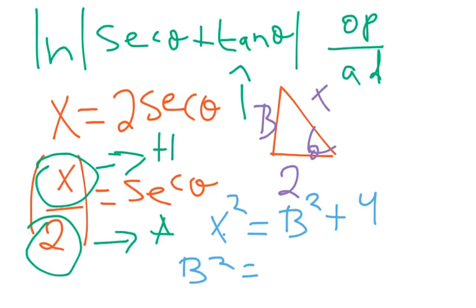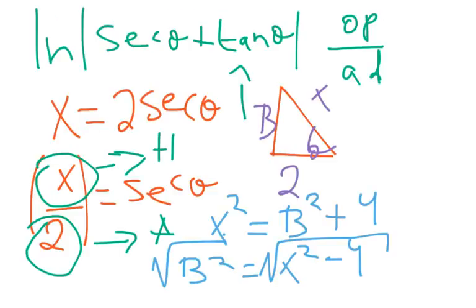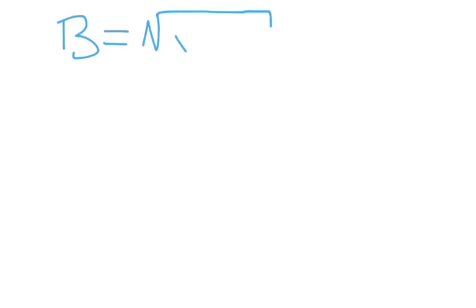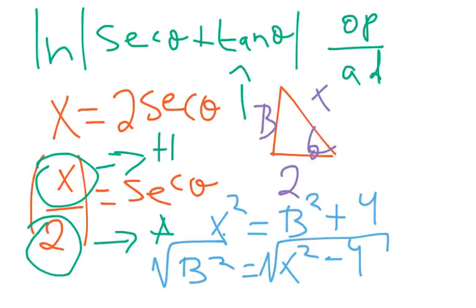So we just do this, and then we are not looking for b squared, so we take the square root of both sides, so that we don't affect anything. Okay, so we rewrite it, and it's the square root of x squared minus 4, and then we can go ahead and finish it off.